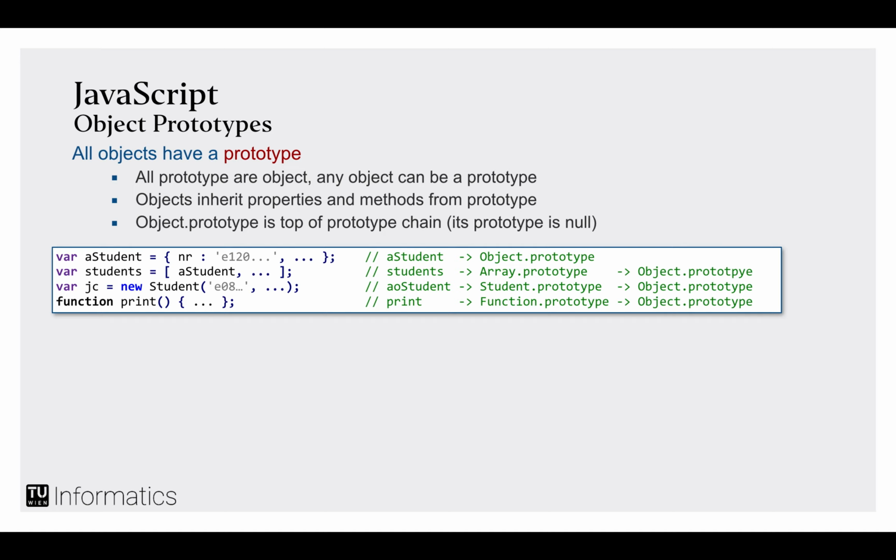That's like the core object that you have. And if you look at the array here, the second example, then students inherits from array.prototype, and array.prototype inherits from object prototype. So this is the prototype chain that's going on here. It just means that there's some object prototype that defines some key properties and functions on that object.